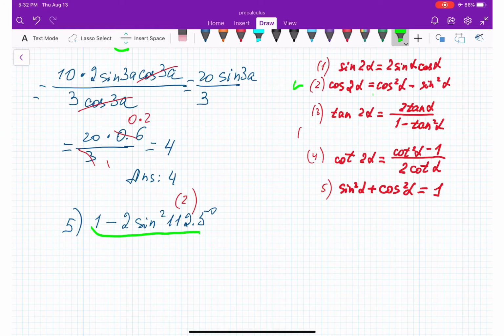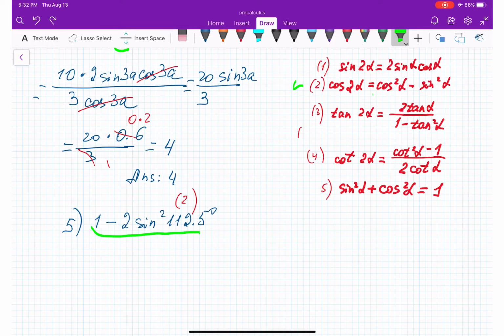It's giving me cosine squared minus sine squared. And I have here also minus. Sine 2 alpha gives me multiplication, but I need subtraction, right? Because I have here negative. Therefore, I'm using cosine 2 alpha. There is a much higher chance to get to negative through a formula that has a negative sign there, has subtraction.